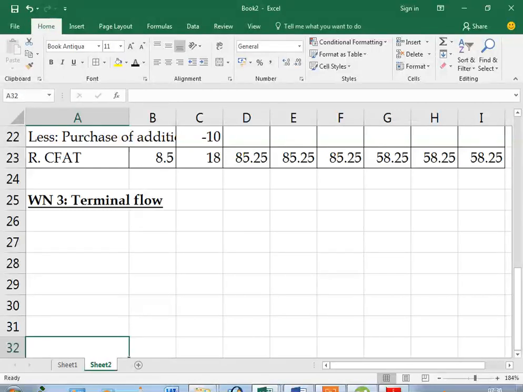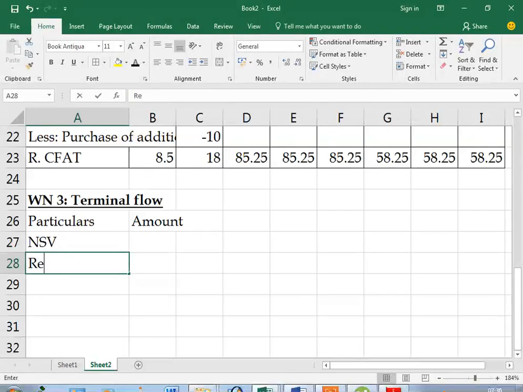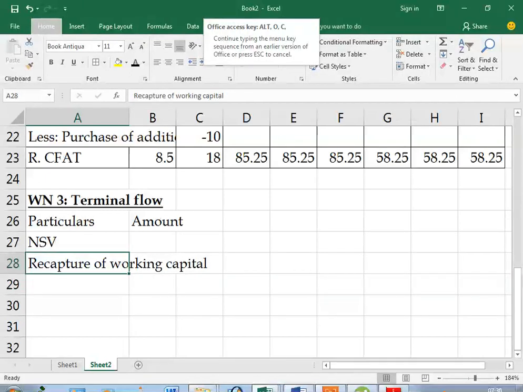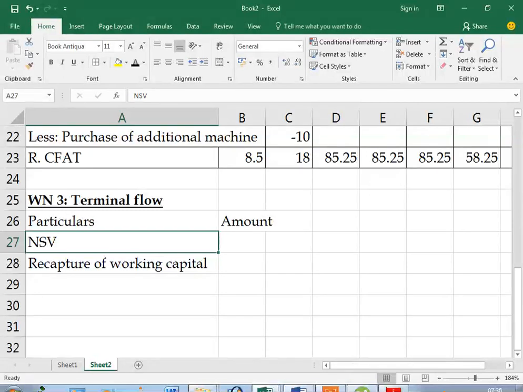One is net salvage value and the second is recapture of working capital. Particulars and amount. Net salvage value, recapture of working capital. Net salvage value in bracket, note 1.